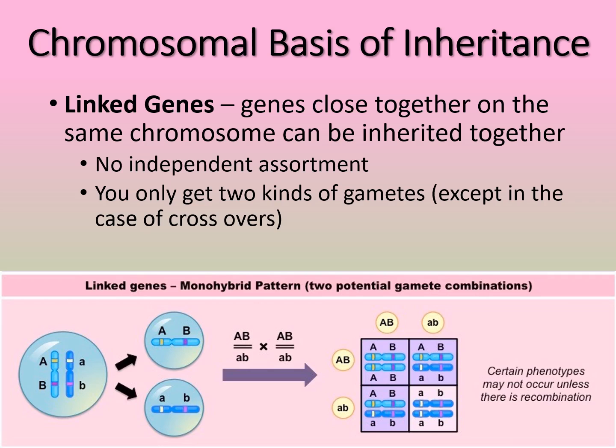So that means they're going to go together. So you can only have either big A, big B, or little a, little b. So there's really only 2 options or 2 kinds of gametes. Now we have an exception to this rule, and that's in the case of crossover.